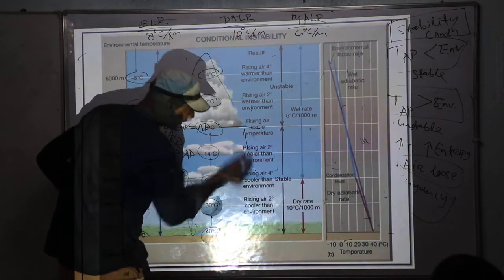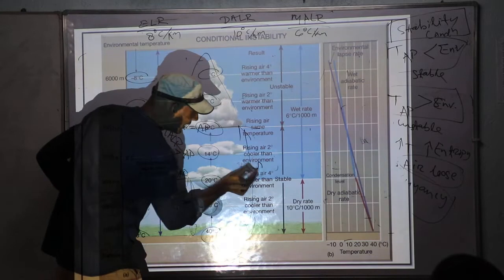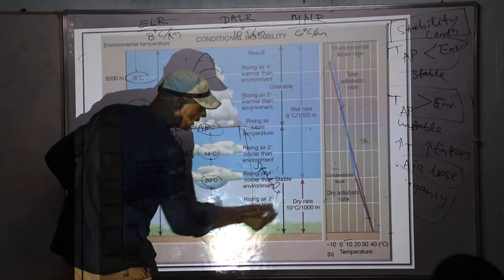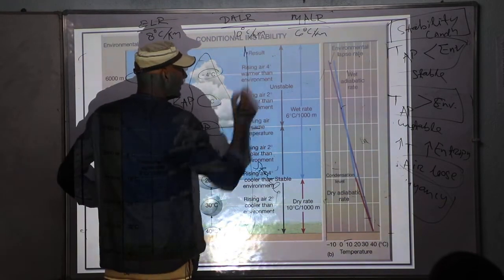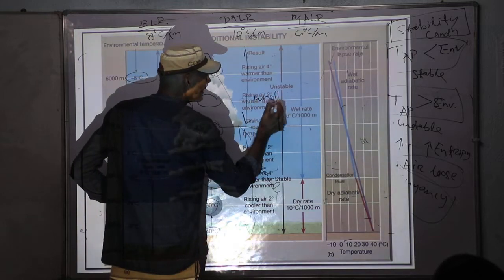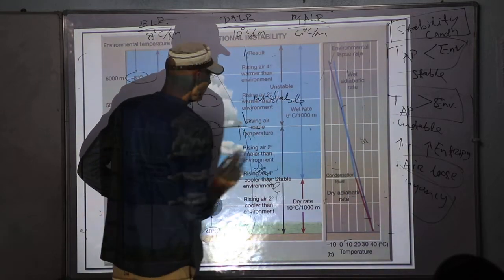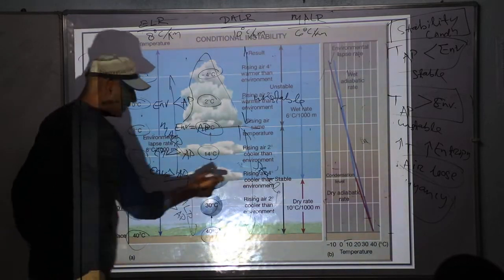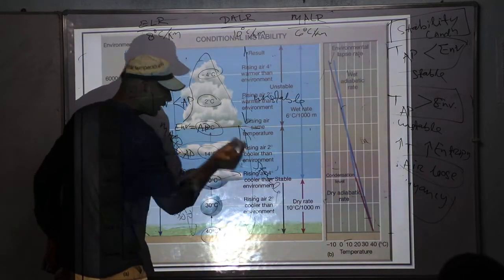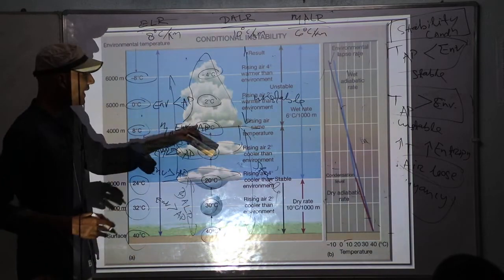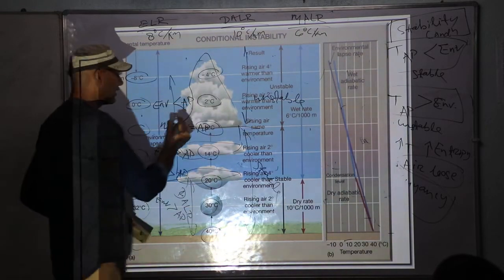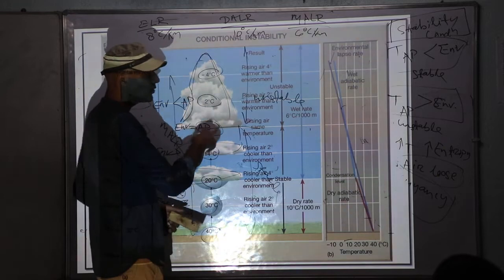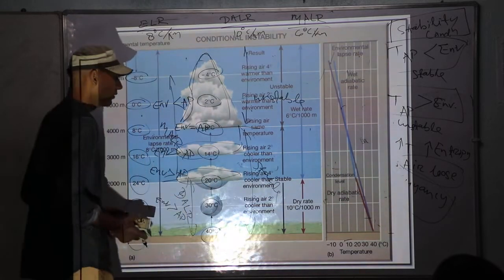Till this position, you can see there is stable atmosphere, a stable condition. From this it is unstable condition leading to vertically developed clouds. When the air is stable, it is forming horizontally developed clouds or stratus cloud. When it attains the unstable condition, it will lead to vertically developed clouds or cumulus and cumulonimbus cloud.